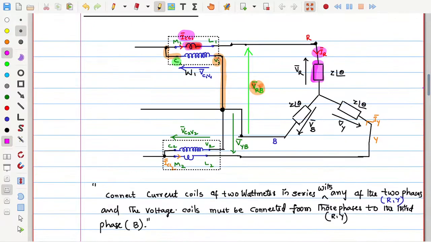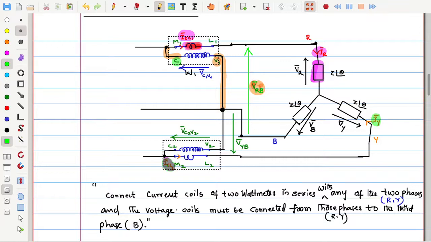Where M2 L2 is connected, whose current is ICC2, that is connected in series with the Y phase, so Y phase current is equal to ICC2. You should be in a position to identify these voltages and currents.